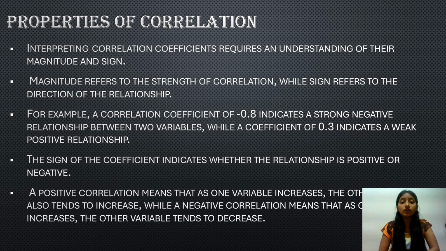The sign of the coefficient indicates whether the relationship is positive or negative. A positive correlation means that as one variable increases, the other variable also tends to increase, while a negative correlation means as one variable increases, the other variable tends to decrease.